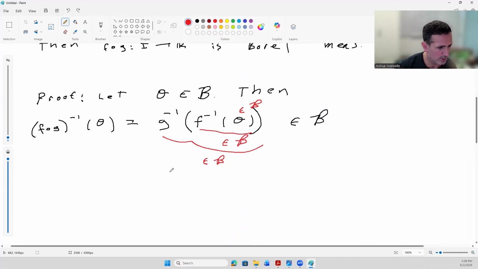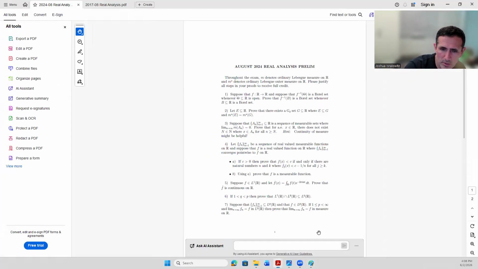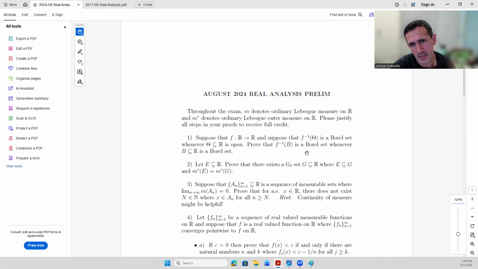Next, what's next is essentially a prelim problem, number one, August 2024. So even on the prelims, this concept is implicit, at least for the interval being real.